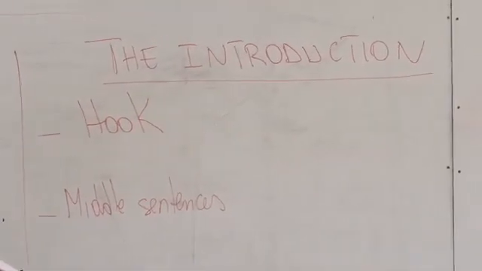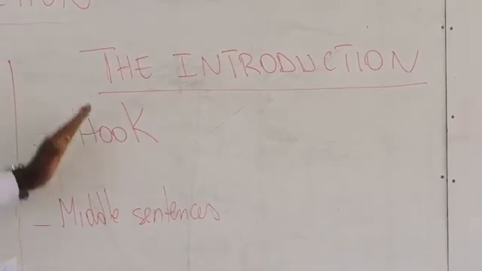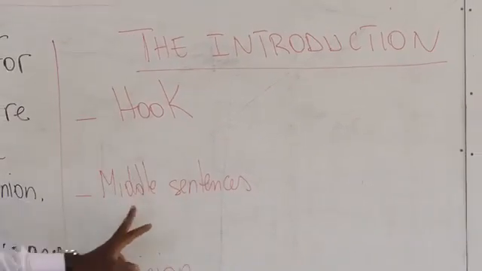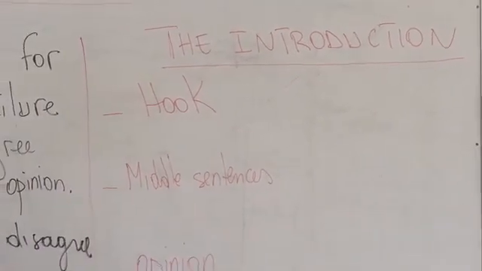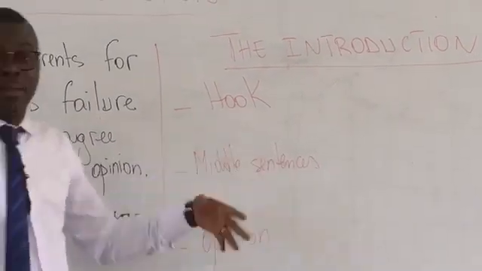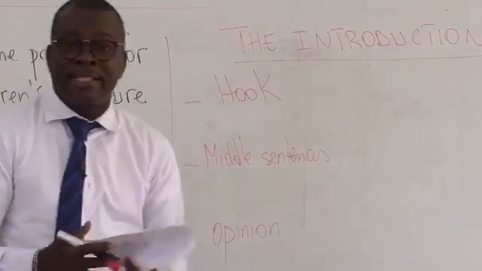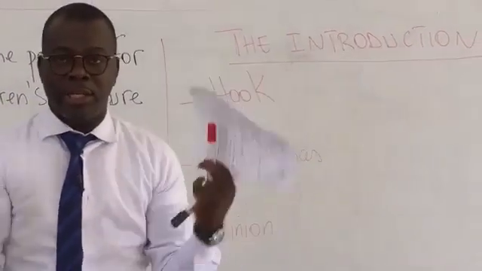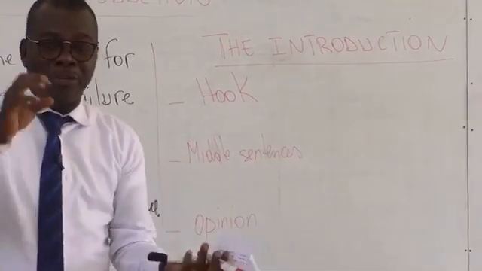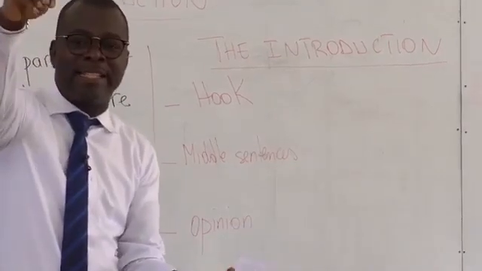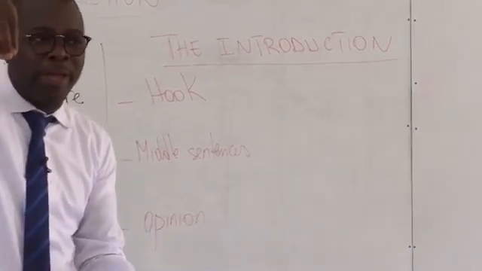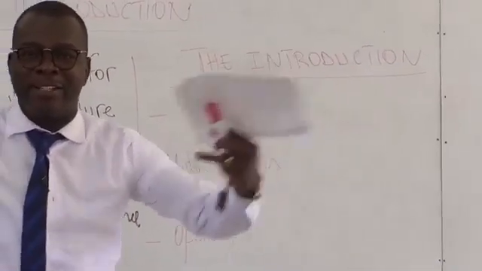The introduction is in 3 stages: the hook, the middle sentences, and your opinion. The hook is a sentence that you write to catch the attention of your reader. Because the hook by definition is something that you use to catch the fish. So when you put the hook in the water, you catch the attention of the fish.